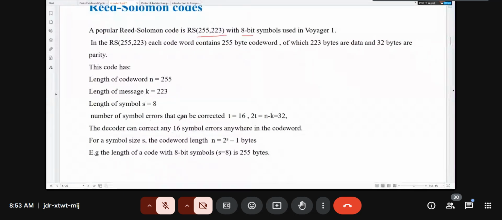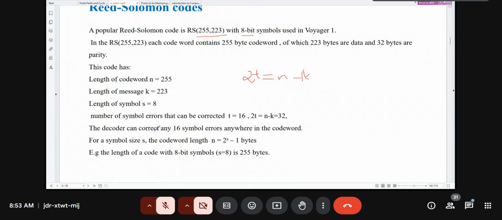So the number of errors that can be corrected, t, is equal to 16, because n minus k, which is 2t, is 32. Yeah, n minus k is 32, so you can correct up to 16 symbols. Yeah, 16 symbol errors. You can correct up to 16 because of this formula here.